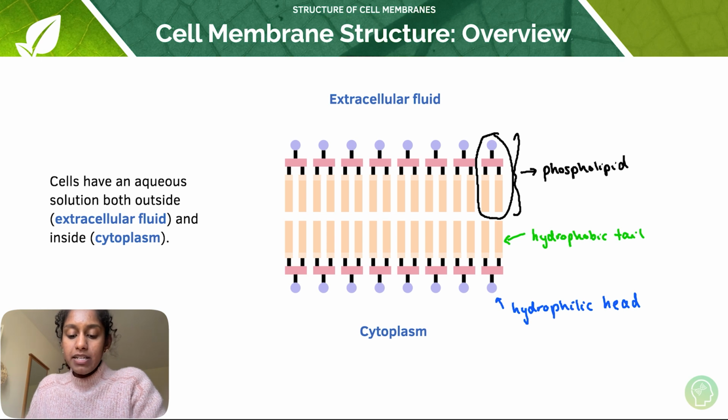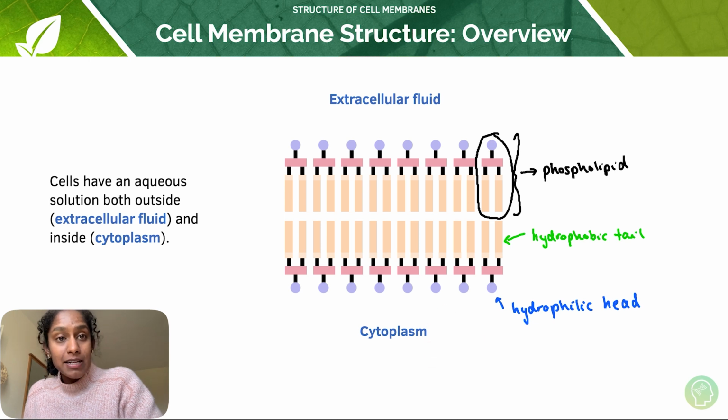Now, it's important to remember that cells have an aqueous solution both outside and inside. So outside, the aqueous solution is called the extracellular fluid, and inside it's called the cytoplasm. Either way, these are aqueous solutions, which means that they are water containing. So have a think back to what we said about our tails and our heads.